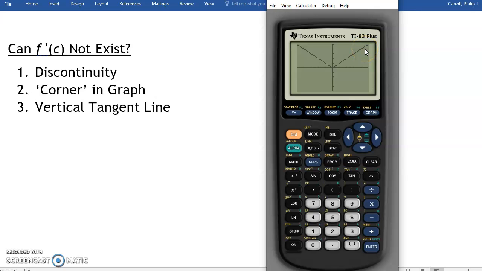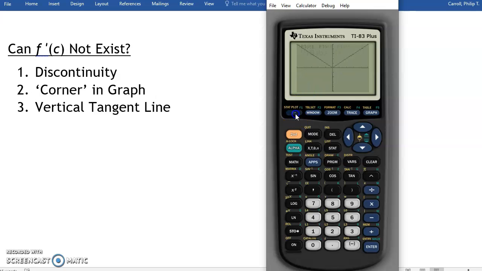So we have this jagged transition from negative to positive tangent line slopes with no smooth transition in the middle. So a corner in the graph is another scenario in which your function might not have a derivative at a given point. The last one, the vertical tangent line, is probably the least likely of the three to come up, but it can still happen.